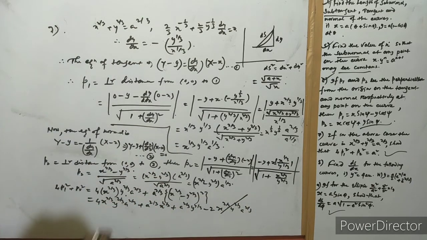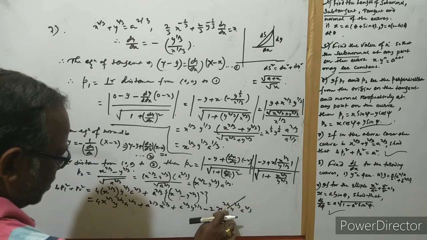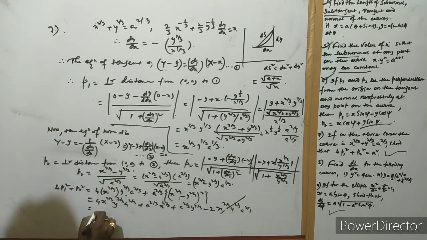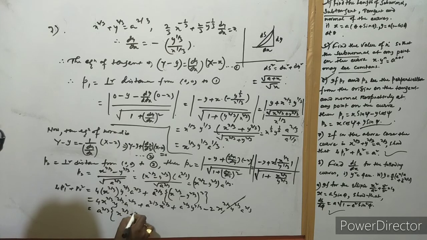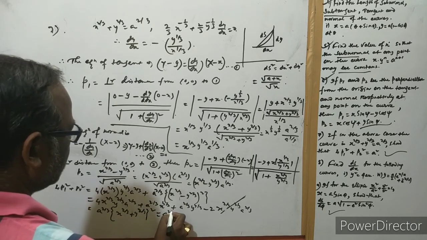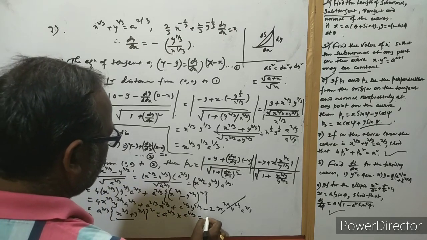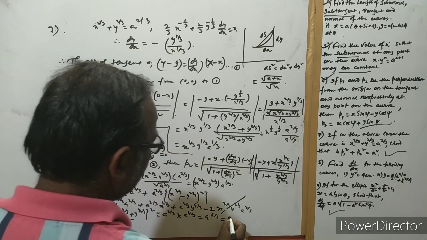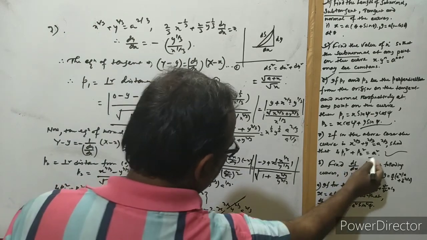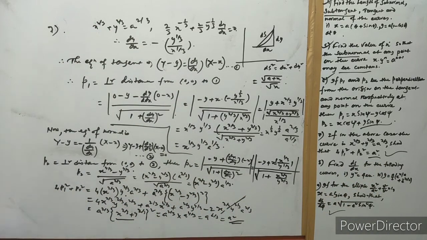No, this will be a plus. Take a to the power 2/3 common here, so x1 to the power 2/3 plus y1 to the power 2/3, and this is whole square. So a to the power 2/3, and this is a to the power 4/3, and this is 6/3, and this is a square. Okay, so I think all of you better understood. Very interesting question. See carefully. Okay, bye.